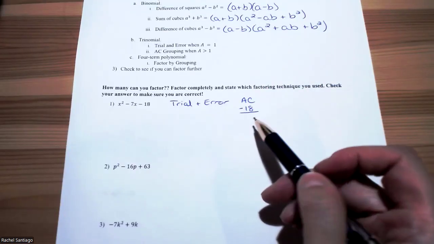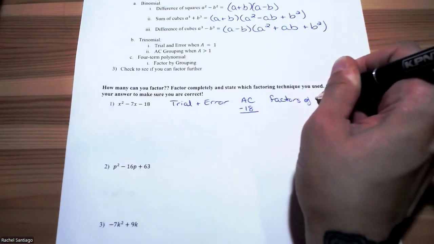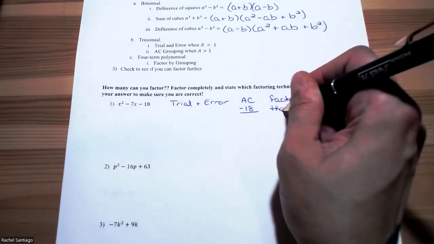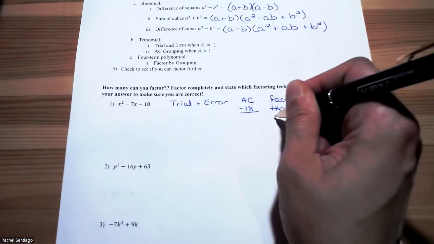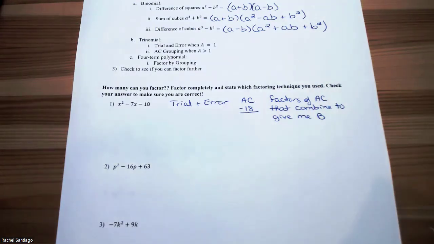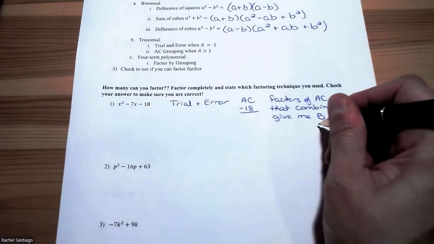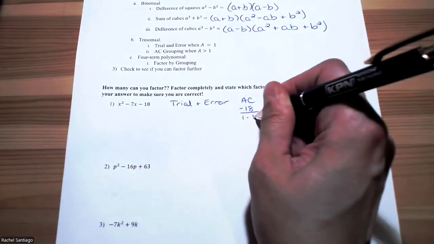And now I need to find factors of AC that combine through addition or subtraction to give me B. Right? That's what I'm looking for. And B in this case is a negative 7. So let's go through the factors. We have 1 and 18.